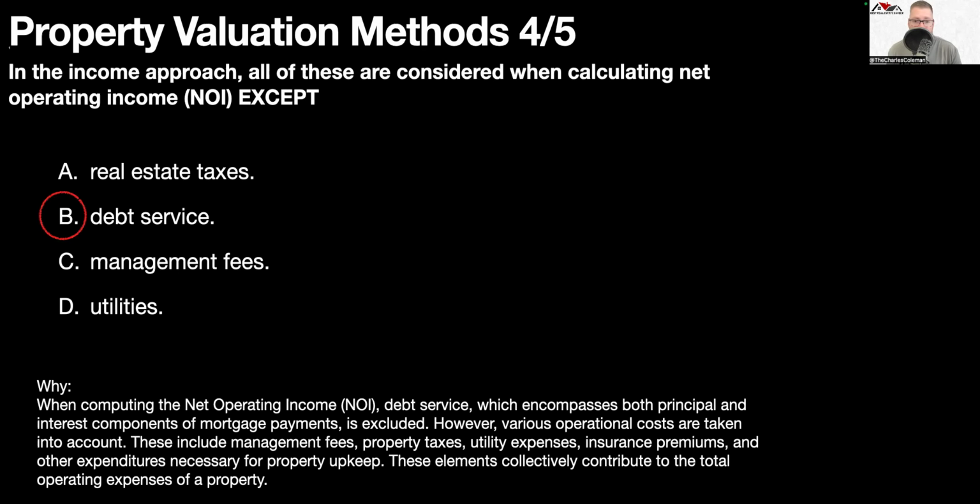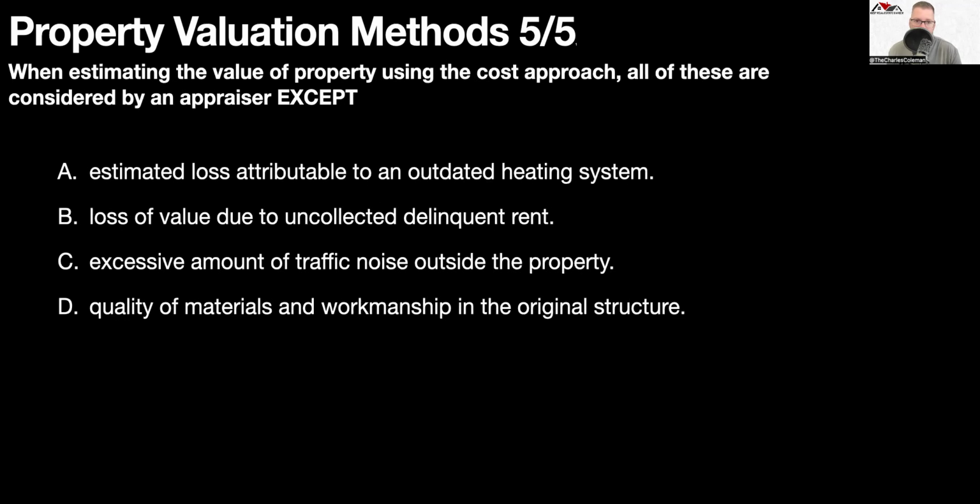However, various operational costs are taken into account. These include management fees, property taxes, utility expenses, insurance premiums, and other expenditures necessary for property upkeep. These elements collectively contribute to the total operating expenses of the property.